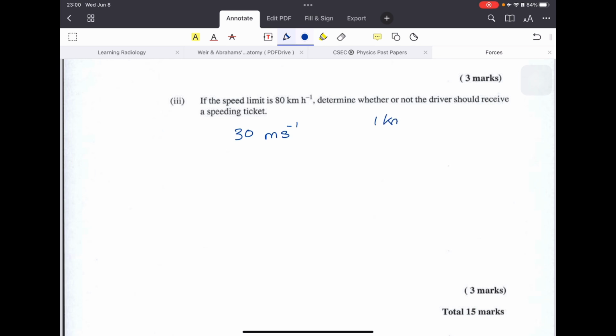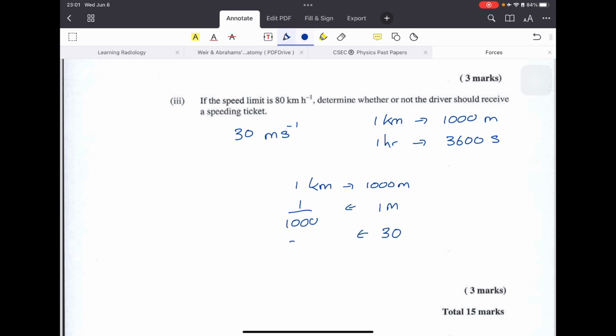So 1 kilometer is 1,000 meters, and 1 hour is 3,600 seconds, right? So we have to do them separately. If we have 1 km to 1,000 meters, then 1 meter would be 1 over 1,000 kilometers, and 30 meters would be 30 over 1,000 km. We could agree on that, right?